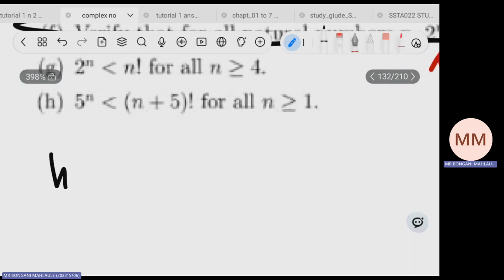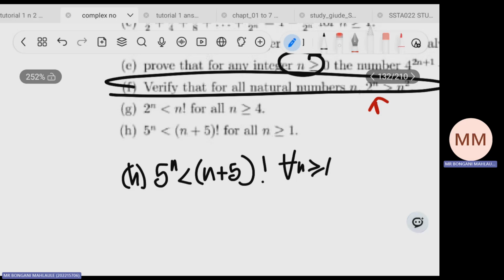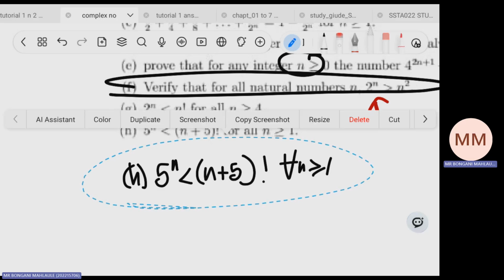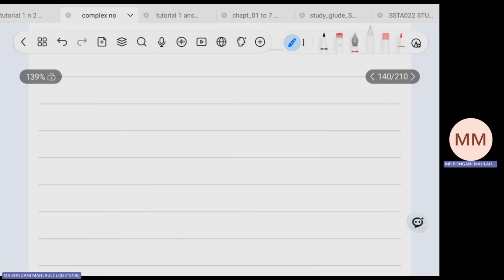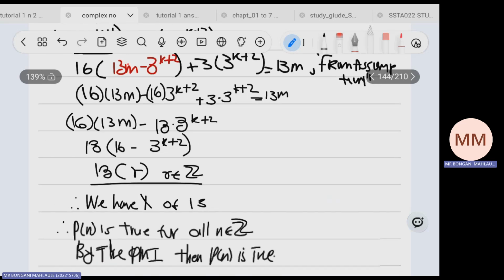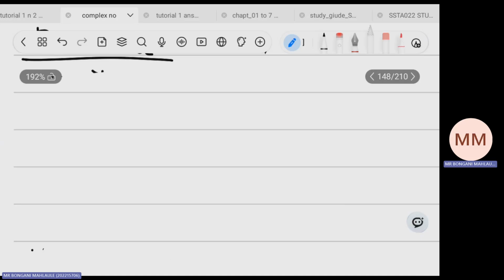They are saying when you have 5 to exponent n less than n plus 5 factorial for all n greater or equal to 1, this is going to be number 5.